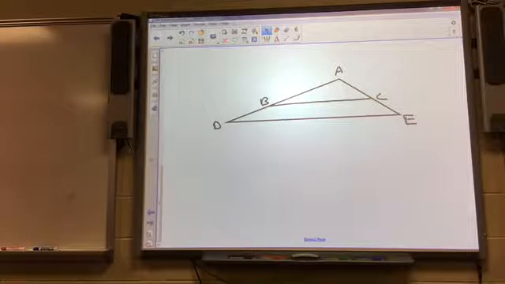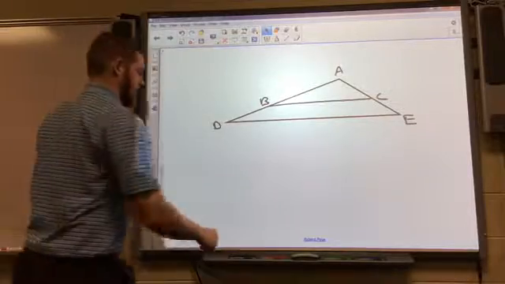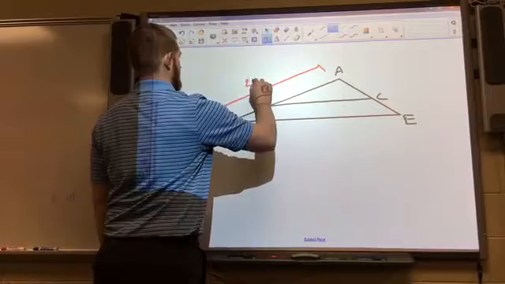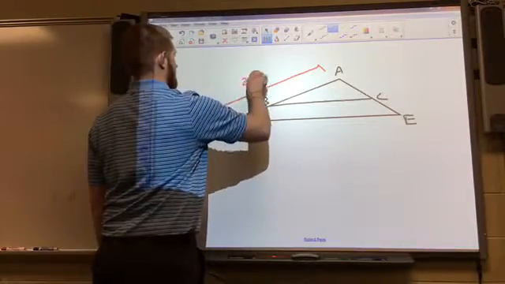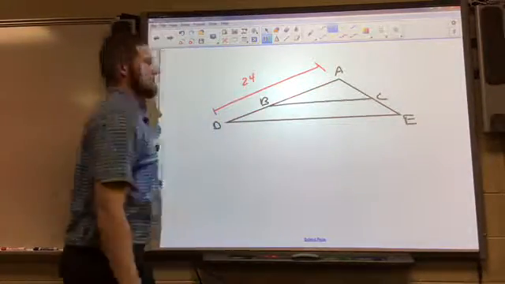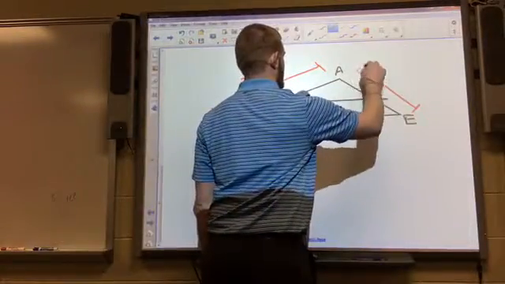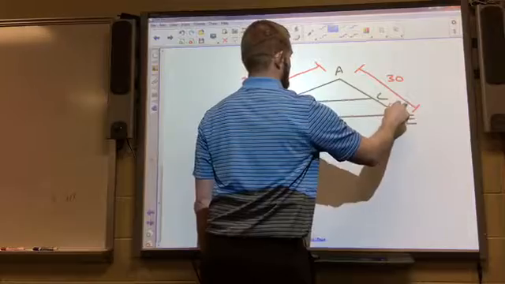And I'm actually going to switch this up a little bit. They tell me that this entire side is 24 units. Okay. And then they tell me that this is 30, and this here is 10.